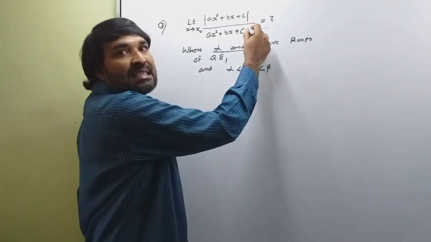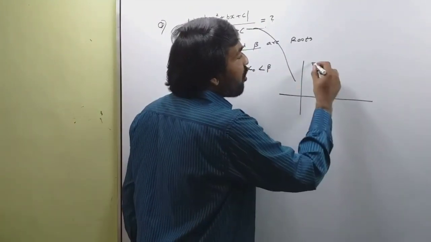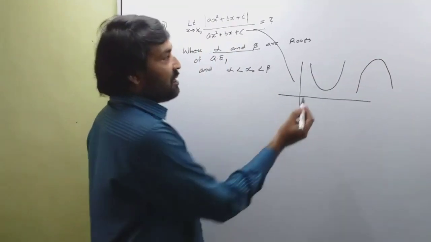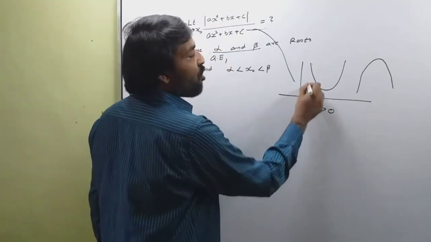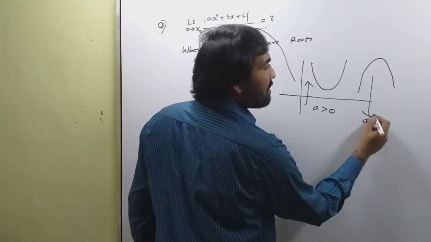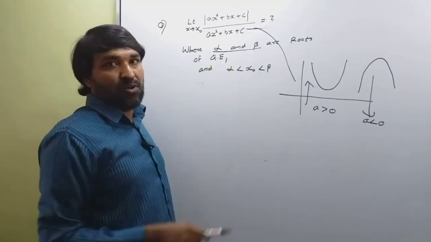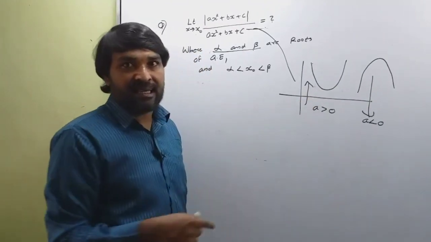The graph of this quadratic expression either opens upwards or opens downwards. If a is greater than 0, the graph opens upwards, and if a is less than 0, then the graph opens downwards. Since alpha and beta are the roots, the graph should cut the real axis.